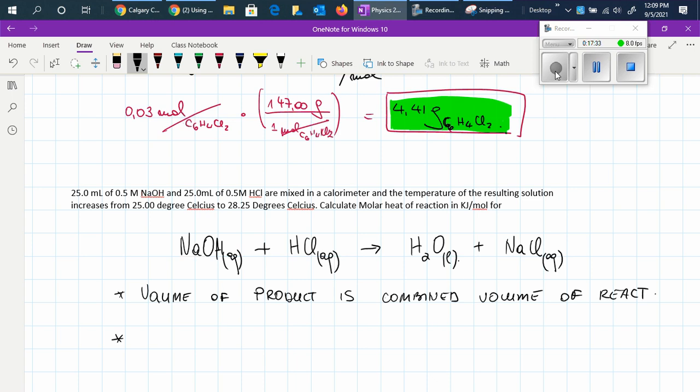And the other assumption is that the aqueous solution, or liquid in our case, is the same as product. I will say here, products will be considered as water. And what do we do for water?